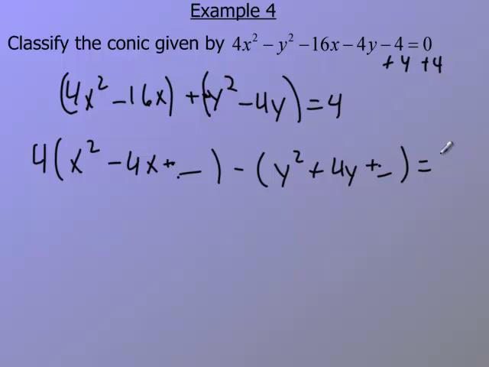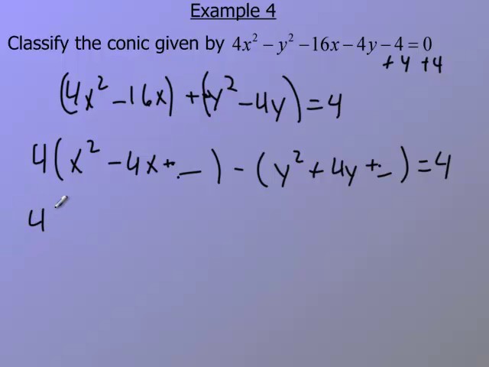So remember, when you complete the square, you're going to take the middle term and divide that by 2 and square it.